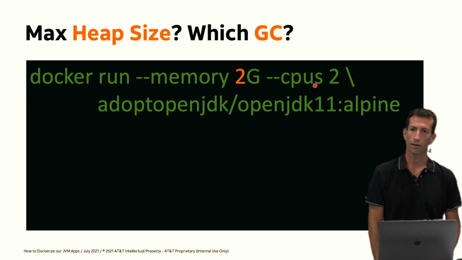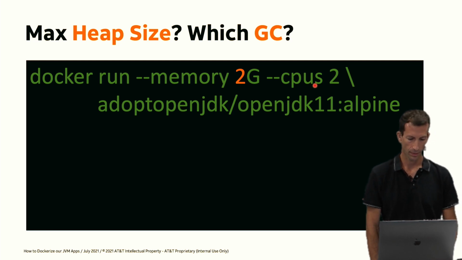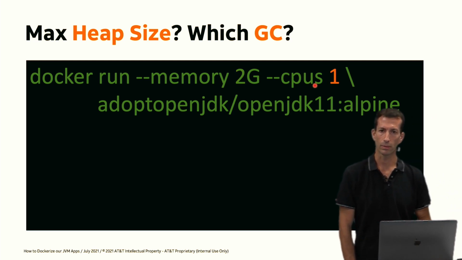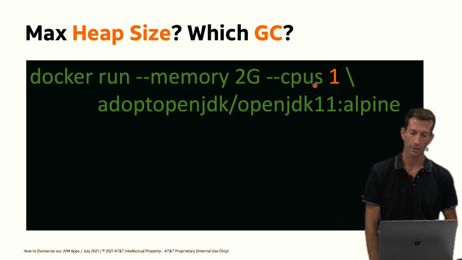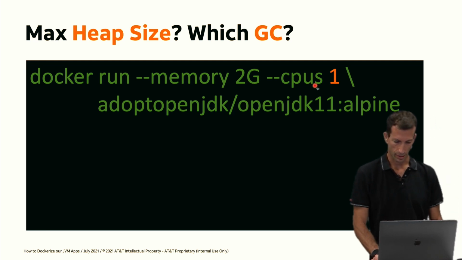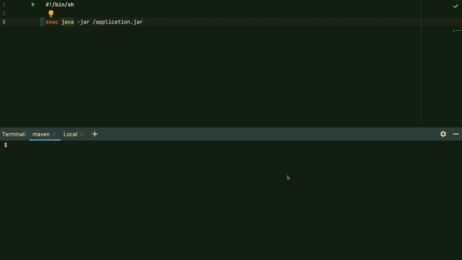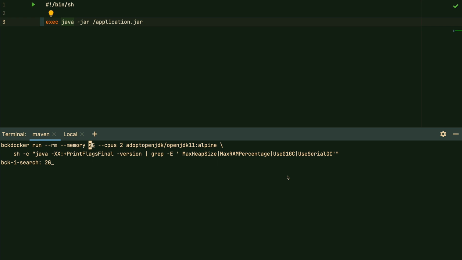And what happens if I change it to 2 gigabytes? Will that change anything? How about if I change it to 1 CPU? Will that change anything? So let's try to answer those questions. I'm going to start off with 2 gigabytes and 2 CPUs.